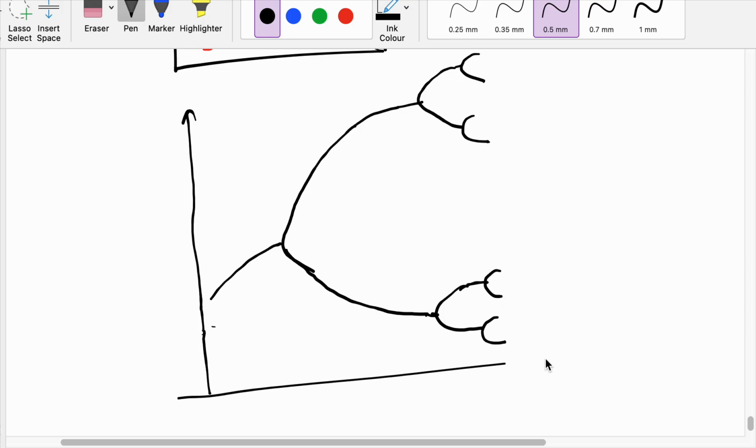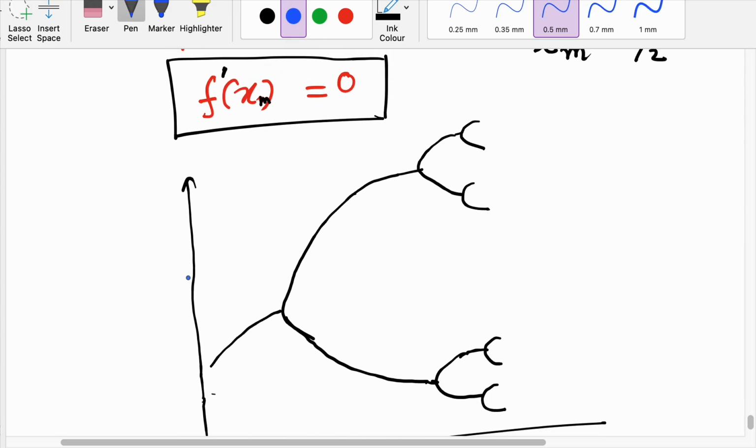Now suppose this is the point x_m. My drawing is very bad, so suppose x_m is like that. Suppose this is the y axis, and this is the value 0.5. I am drawing a line, so this is 0.5. Now suppose it hits here.